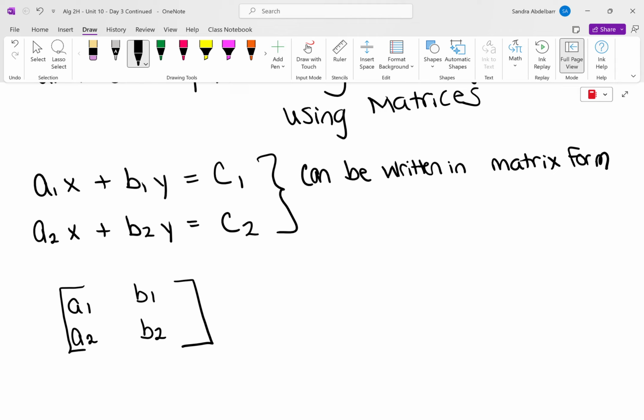Or you could look at it as my first row is the first equation, my second row is the second equation minus the equal sign. And that's going to equal my solution matrix, which is C1, C2.